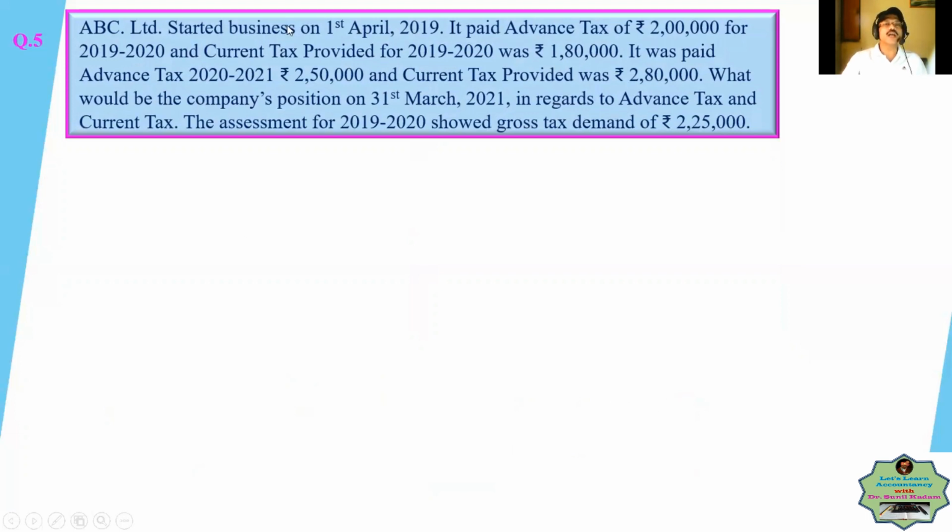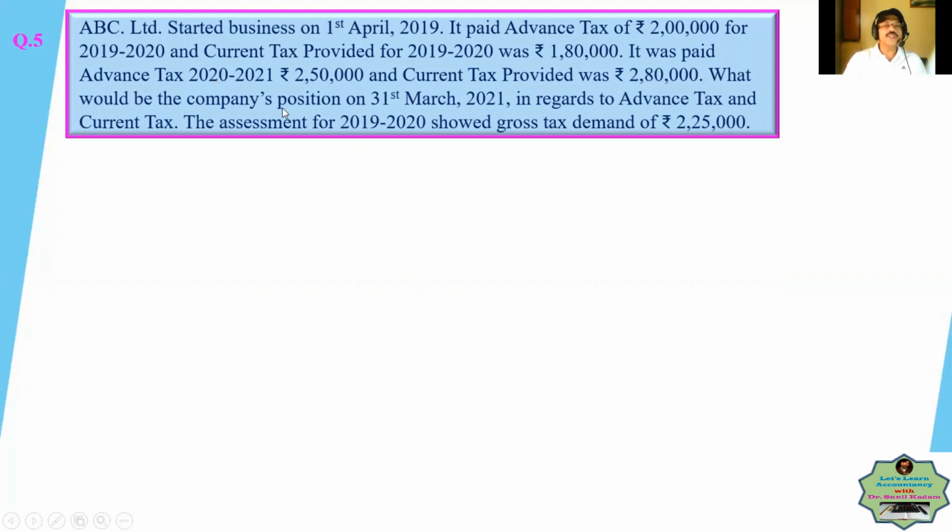ABC Limited started business on 1st April 2019. It paid advance tax of rupees 2 lakh for 19-20, and current tax provided for 19-20 was 1,80,000. It paid advance tax for 20-21 of rupees 2,50,000 and current tax provision of rupees 2,80,000.